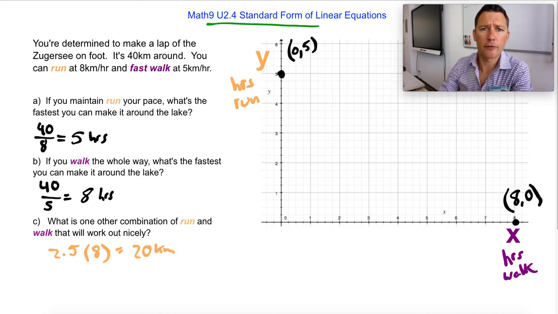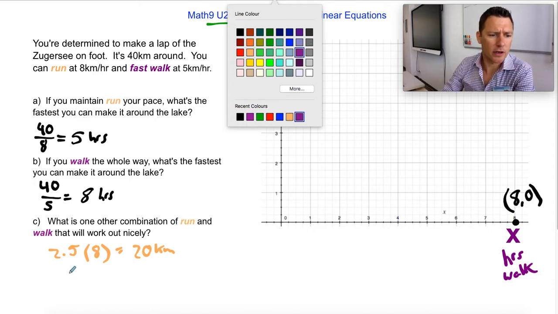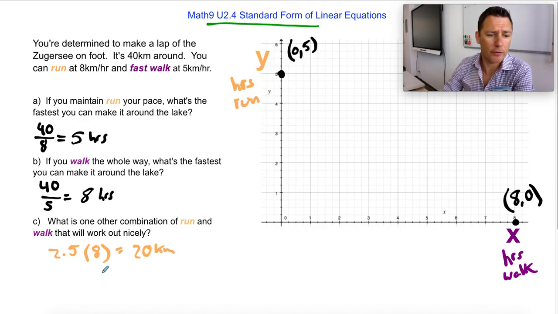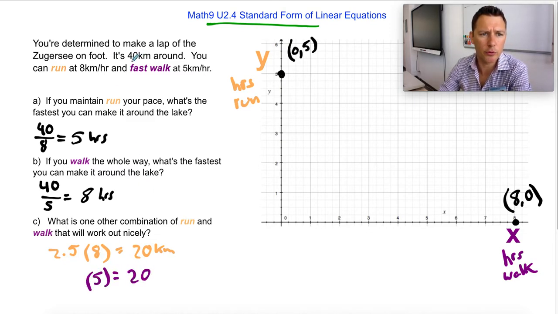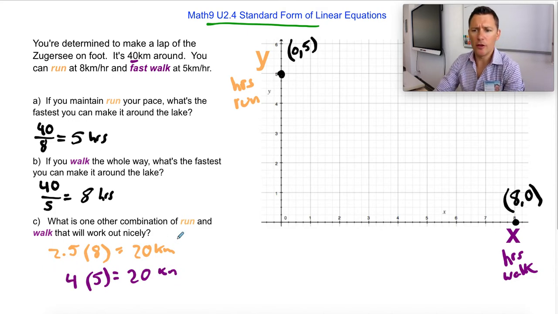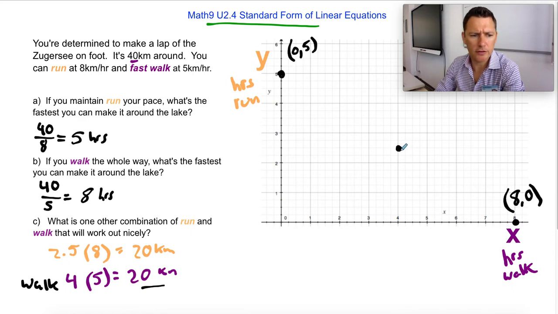And then you're left with this other piece: if you're going 5 and you need to go the other 20 kilometers around, that should take you 4 hours, right? So another combination is 4 walking hours, which gets you 20K, and 2.5 running hours. So this is 4 comma 2.5. That'll also work for you.